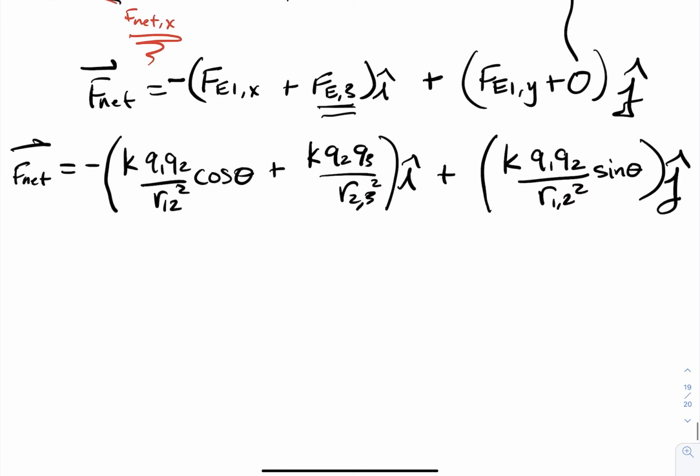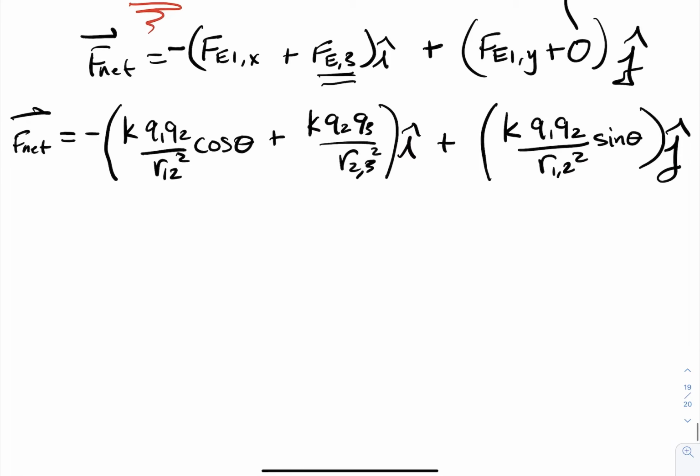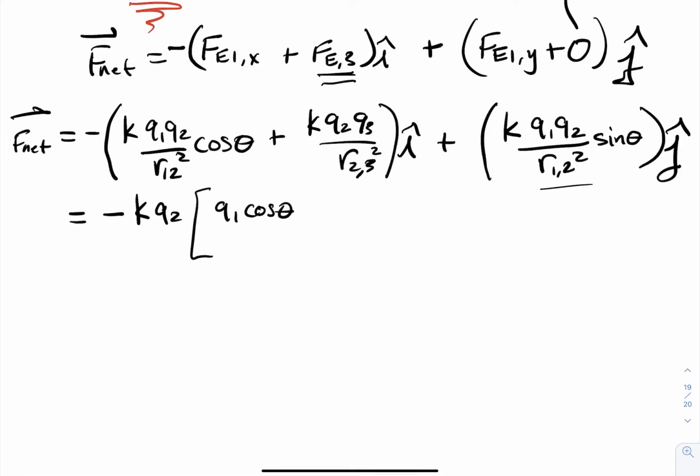And so now it's just a whole bunch of plugging in. If you wanted to simplify some of your calculations, you could factor common things out. So like in here, for example, I guess you can't do anything here, it's one term, but you could rewrite this one as negative k q2 in front, and then you could have the q1 cos theta over r12 squared plus q3 over r23 squared.